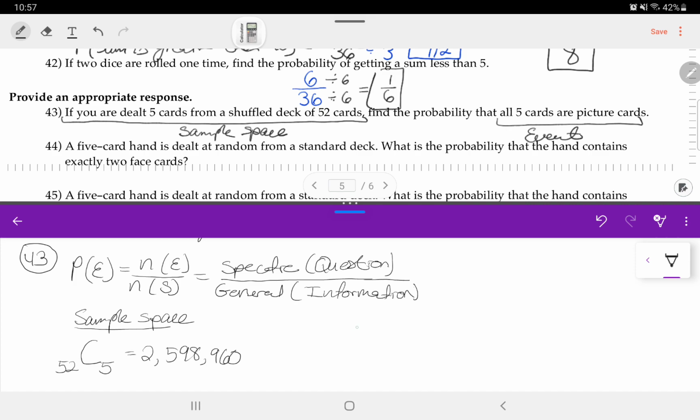So now let's look for the event. The event says that all 5 cards are picture cards. Now remember from a couple of problems ago that picture cards are represented by face cards. There are 12 picture cards in my deck.